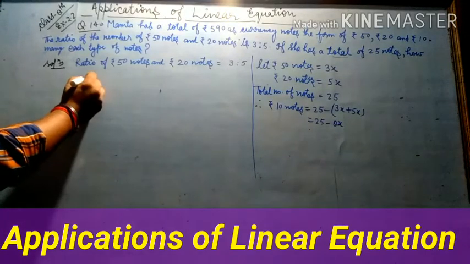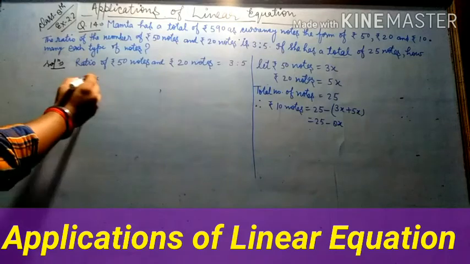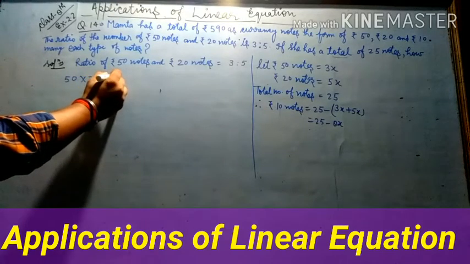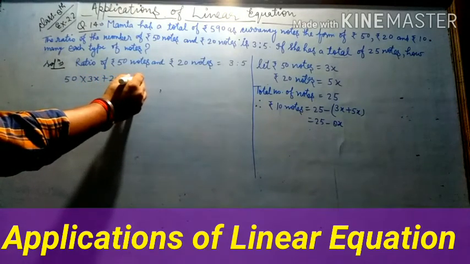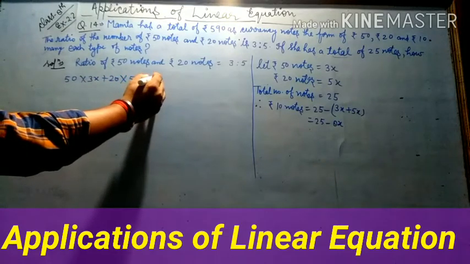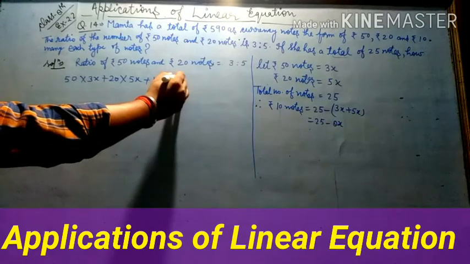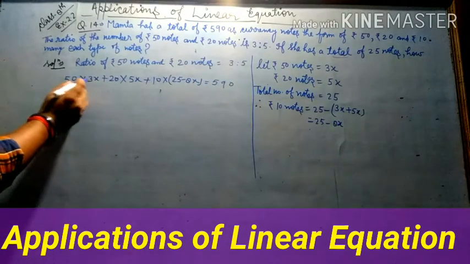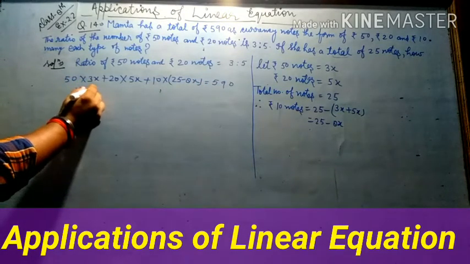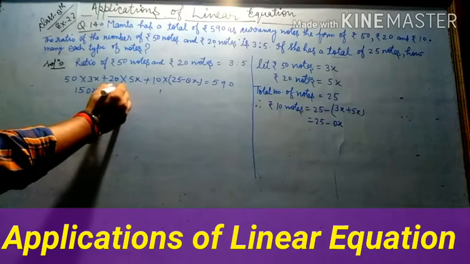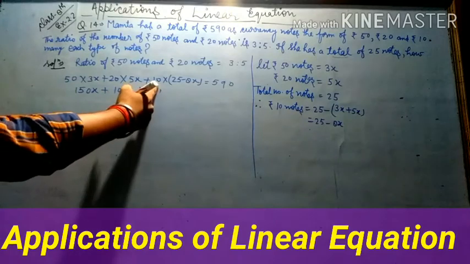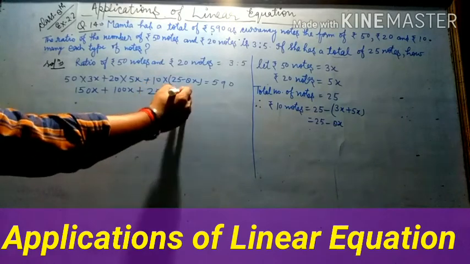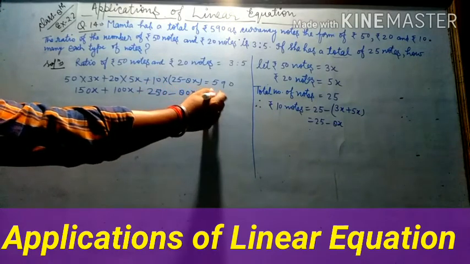The equation is 3x, means rupees 50 notes, multiplied by 50 because these are 50 notes, plus 20 multiplied by 5x because of the 20 rupees notes, plus 10 multiplied by 25 minus 8x, equals total money 590. 3 times 50 is 150x, 5 times 20 is 100x, plus this 10 will multiply in both: 10 times 25 is 250, minus 10 times 8 is 80x, equals 590.